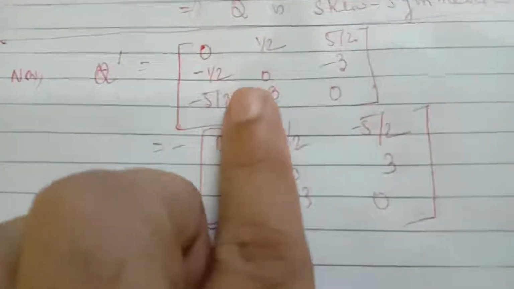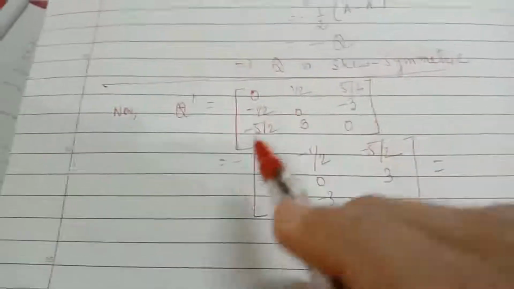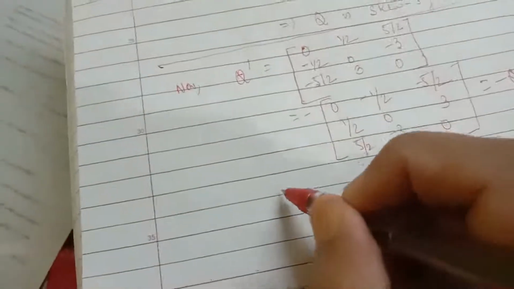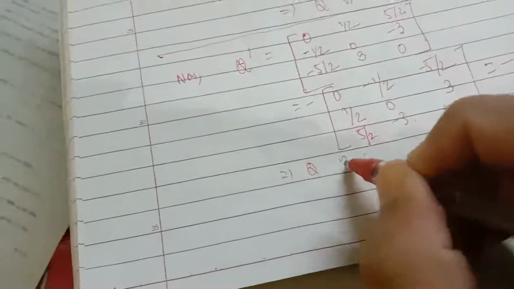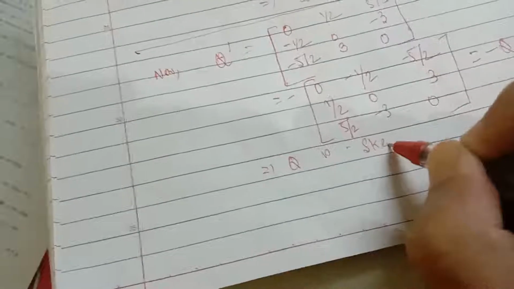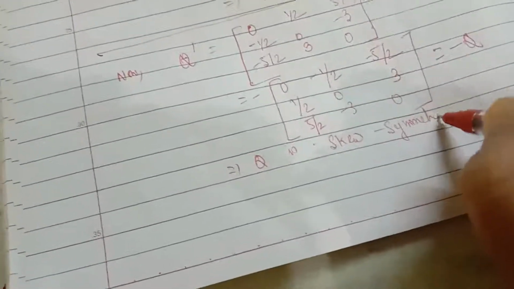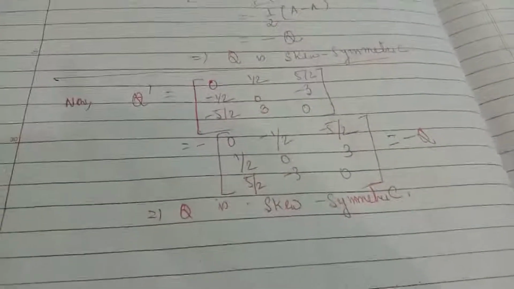So ultimately what we get, Q dash is equal to minus of Q. Therefore Q is skew symmetric. This is a 4-mark question, and you have to proceed in this way, you have to show all the steps.